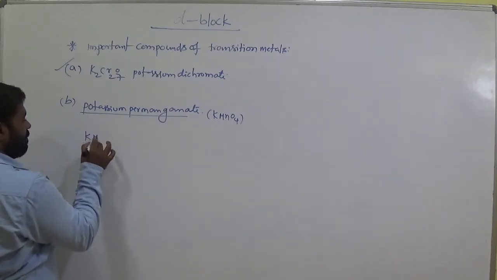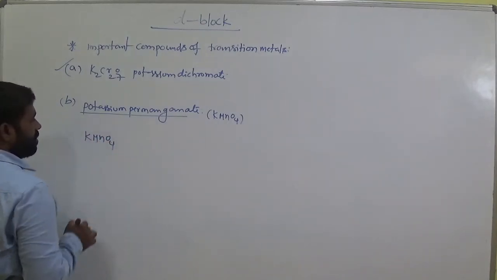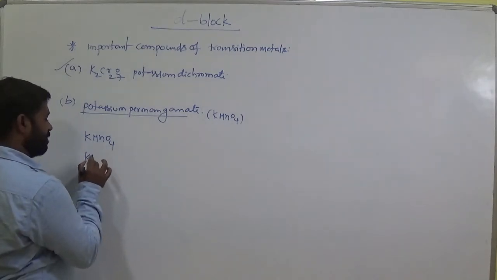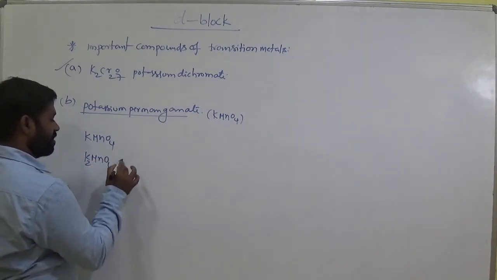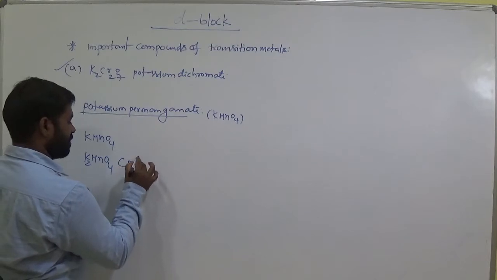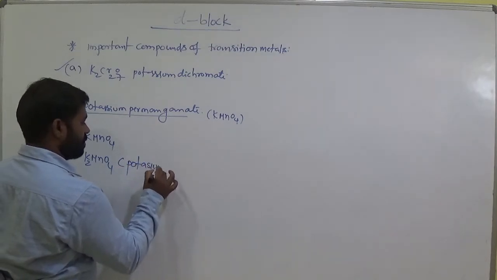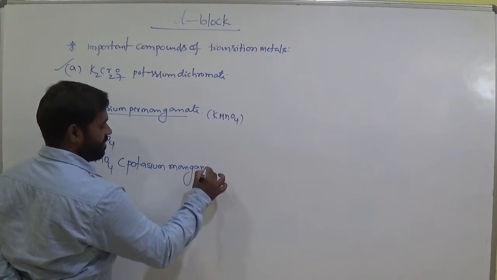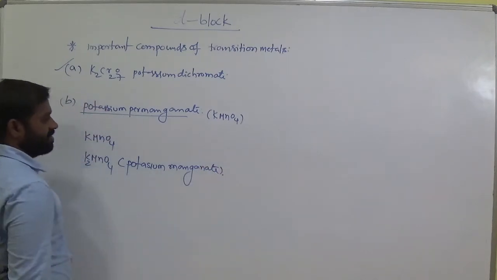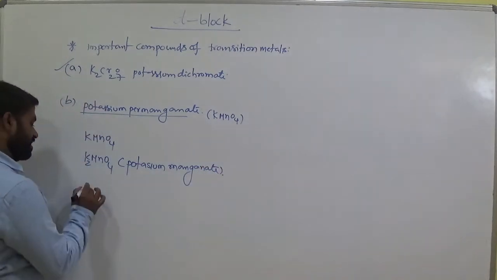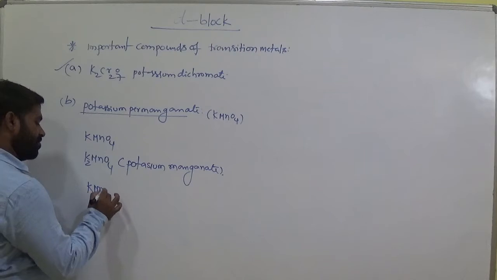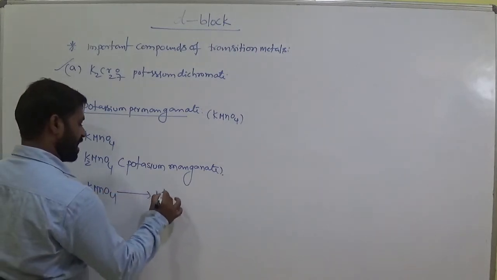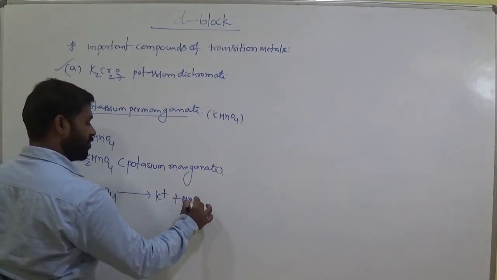So KMnO4 is potassium permanganate, and K2MnO4 is potassium manganate. KMnO4 gives K+ and MnO4-.